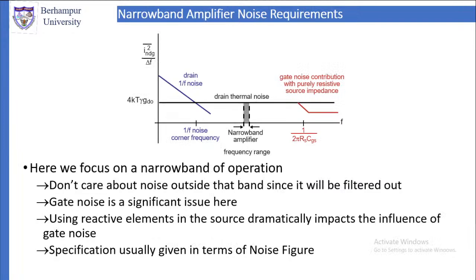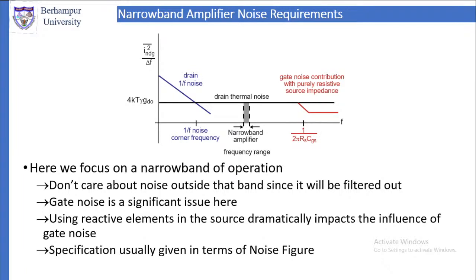Now, if you are going for a narrowband amplifier, the noise requirement region will be very narrow. Here in the figure you can see the frequency range over which we are designing the amplifier.